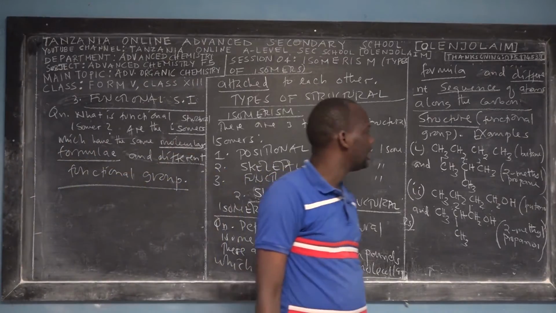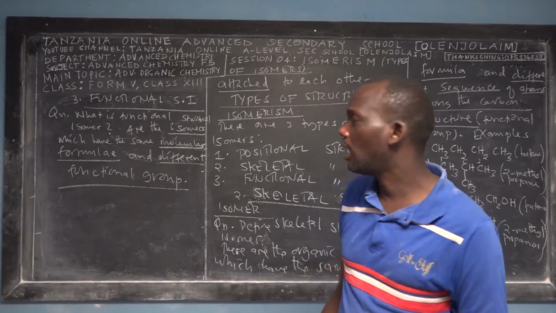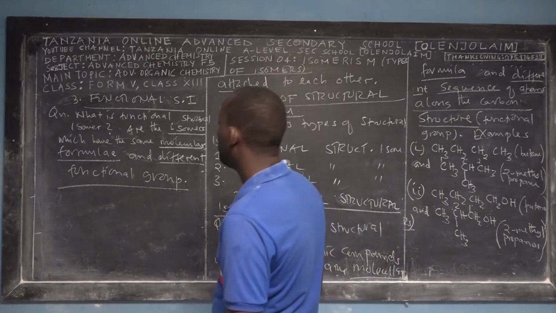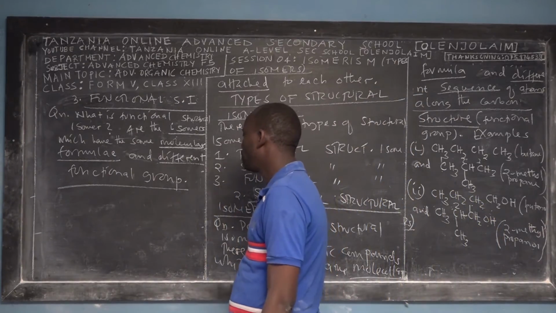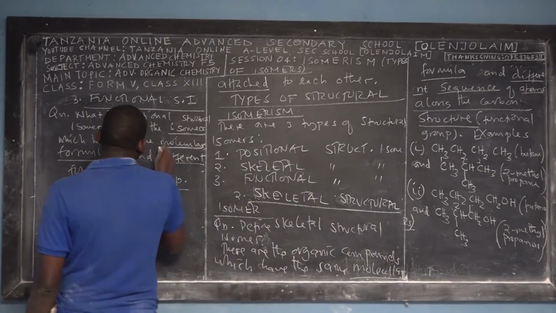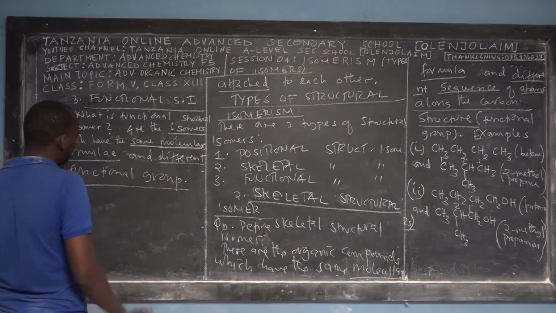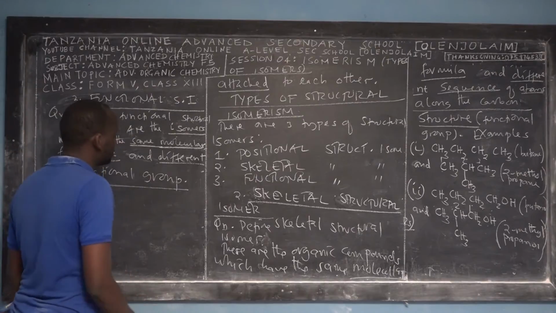So we say that the functional structural isomers are the organic compounds which have the same molecular formula, and also they have different functional groups.